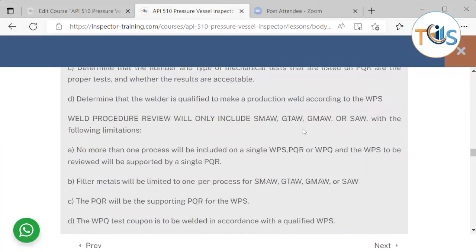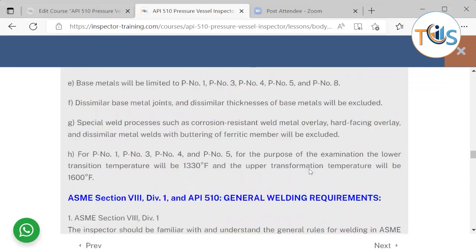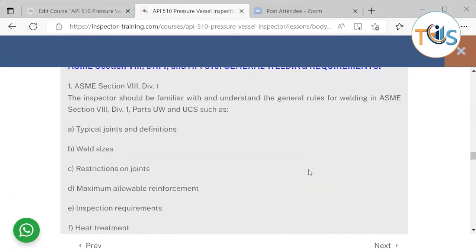It would only consider shielded metal arc welding, gas tungsten arc welding, gas metal arc welding, or submerged arc welding. So it would be a very simple WPS, and you should know the very basics of what a WPS constitutes, what a PQR is, what a WPQ is, etc. And you should know about the P numbers.